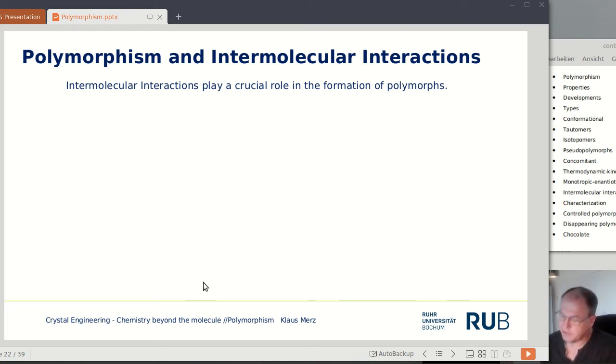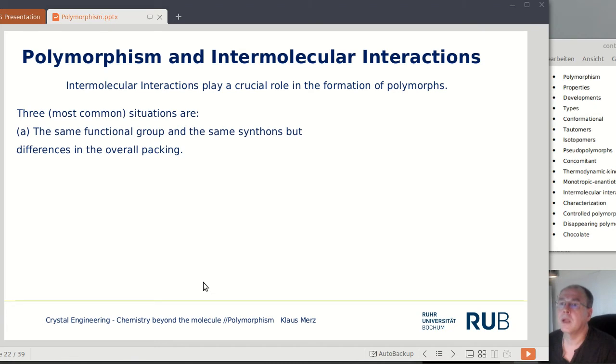So there are, I would say, three different classes of intermolecular interaction polymorphs. There is a very good rule of thumb about these classes. We can say we have the same functional group and the same synthon, but a difference in overall packing.